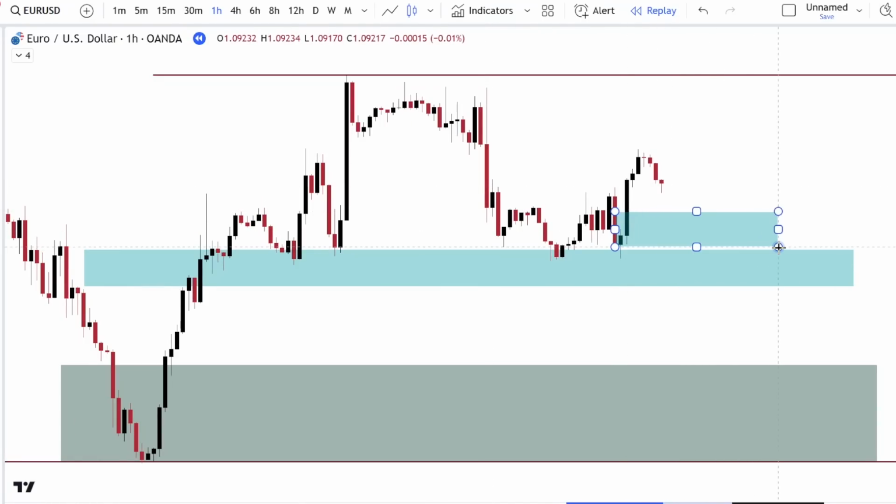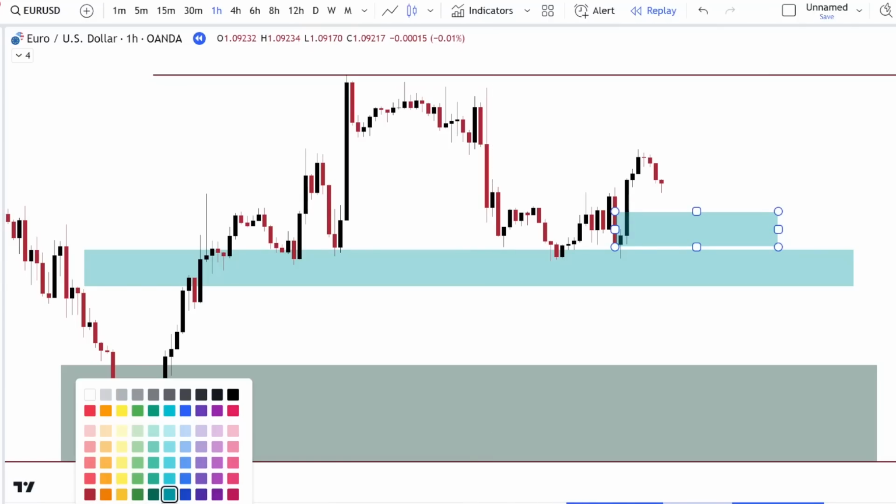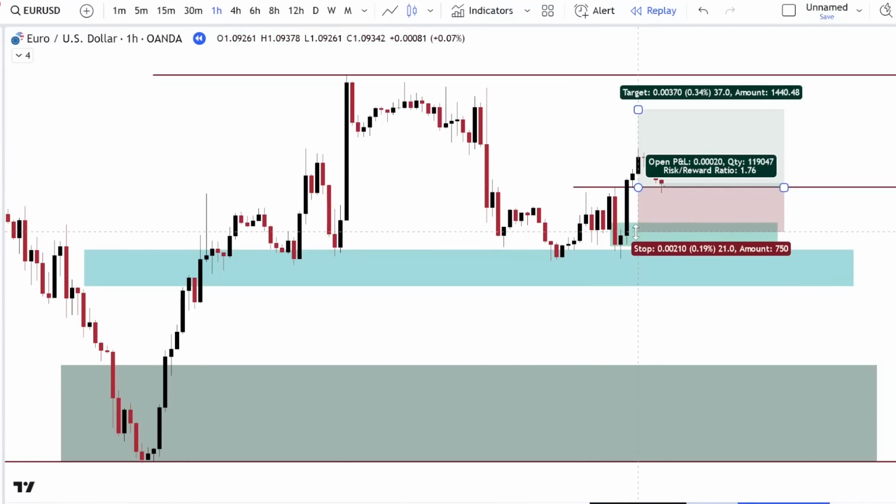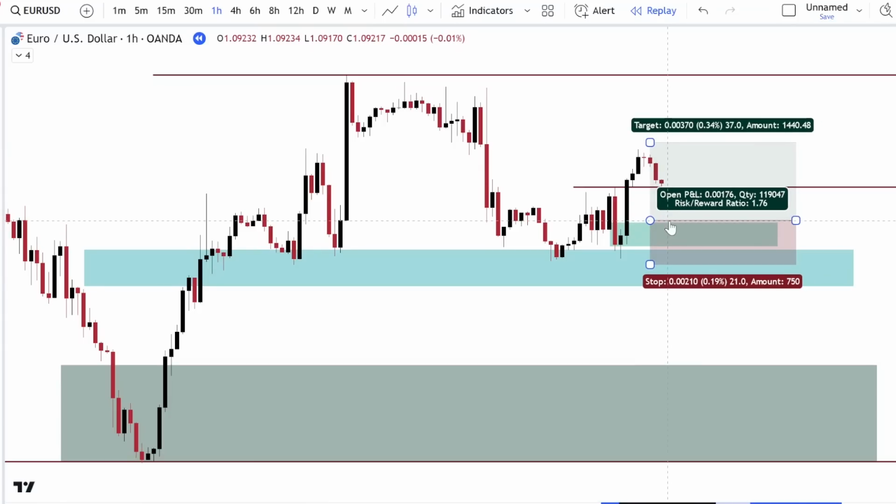Would be a retracement back right here into a deep, more than likely a 15-minute order block somewhere right here. This would be the entry for your smart money traders, and this breakout right here would be the entry for your retail traders. So this would be one entry, and this would be the second entry.